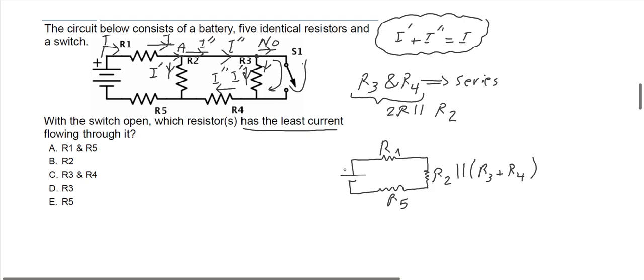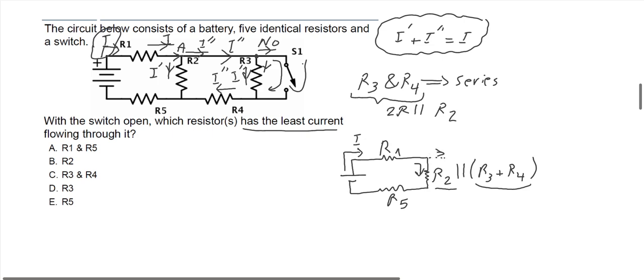If I consider current I, the same current that I considered here, flowing from the source, this current flows equally through R1 and goes to the equivalent of R2 in parallel with R3 and R4. So this current, I know, peels off a little bit here.